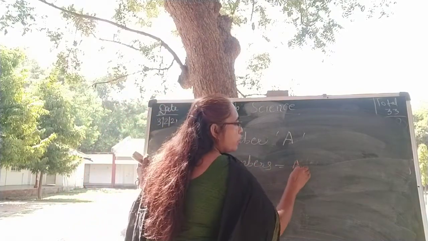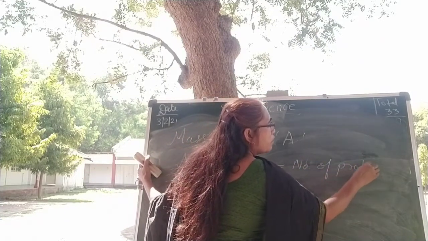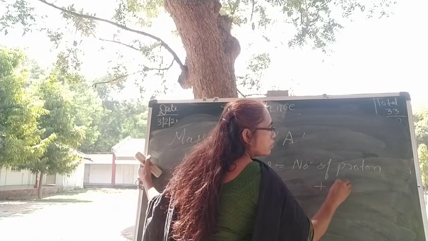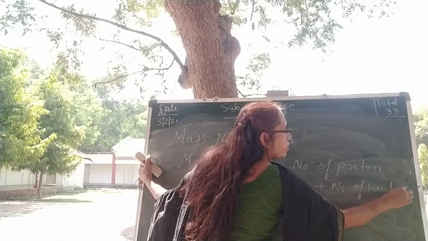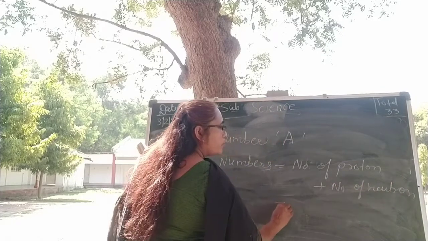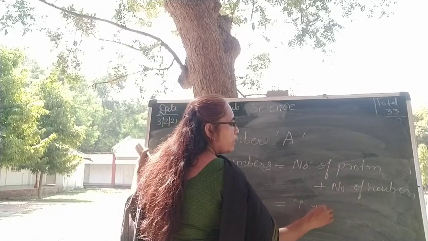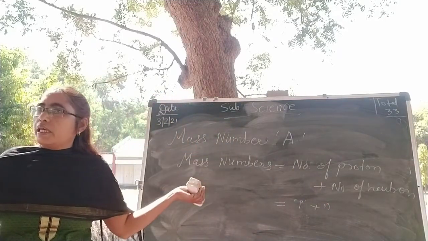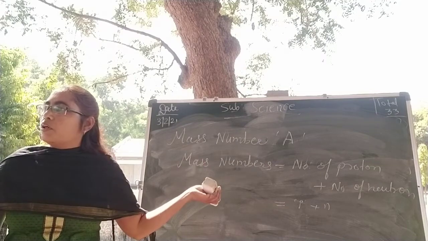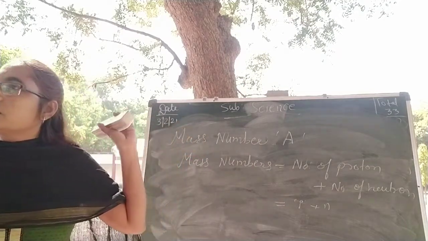So it means that the mass number will be the number of protons plus the number of neutrons. Clear? So we represent proton by P and neutron by N. So we can say P plus N. The number of protons plus the number of neutrons gives the mass number.